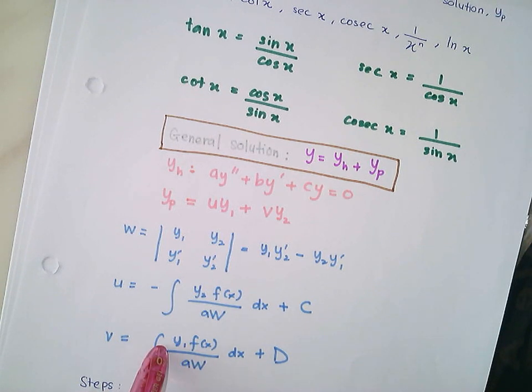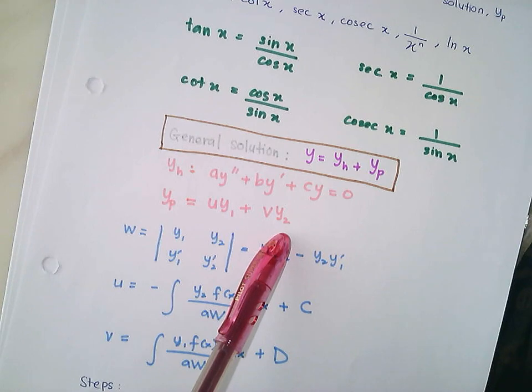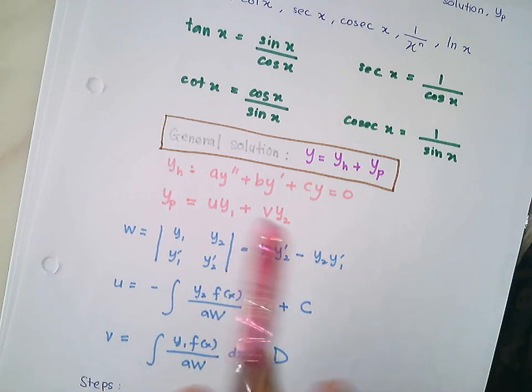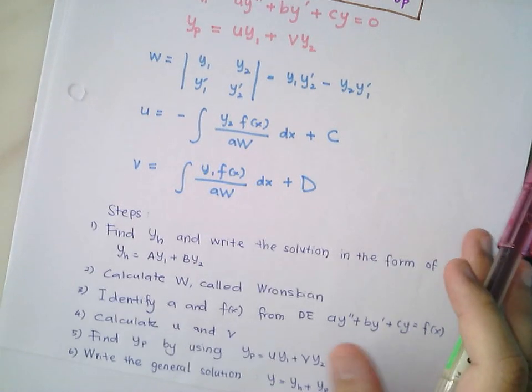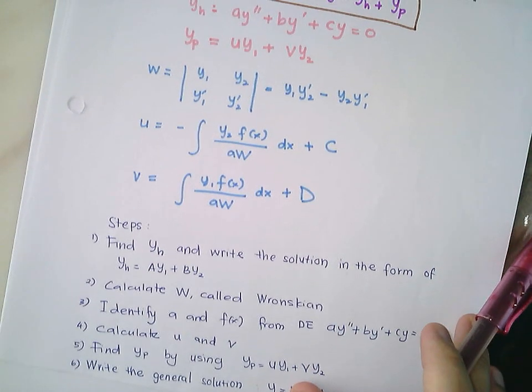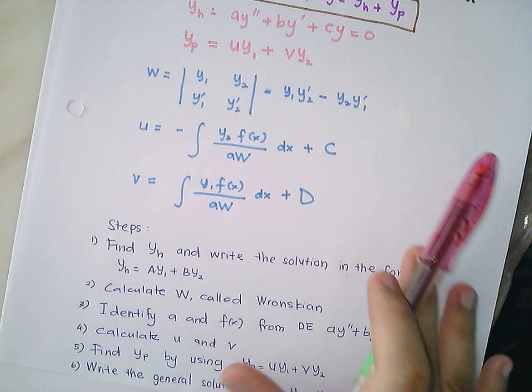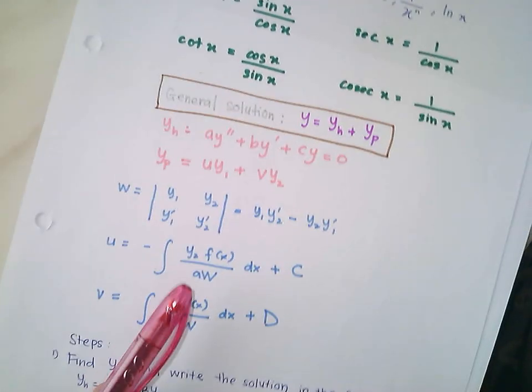You have to integrate, and y1 and y2 are based on your homogeneous solution. These are the steps, so you may take a look at the notes in the module.